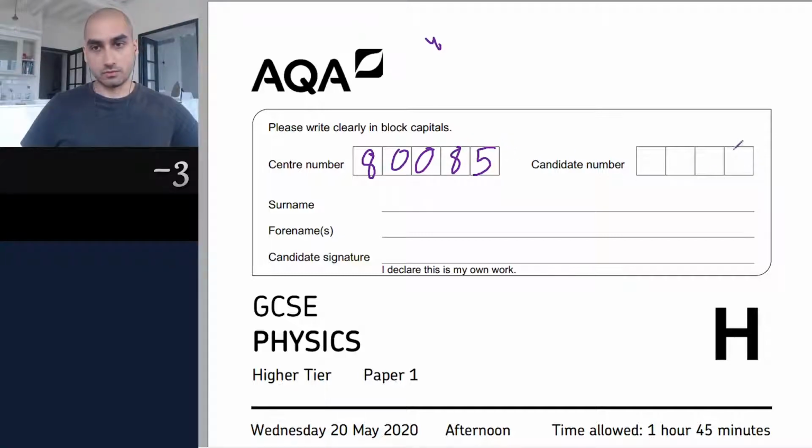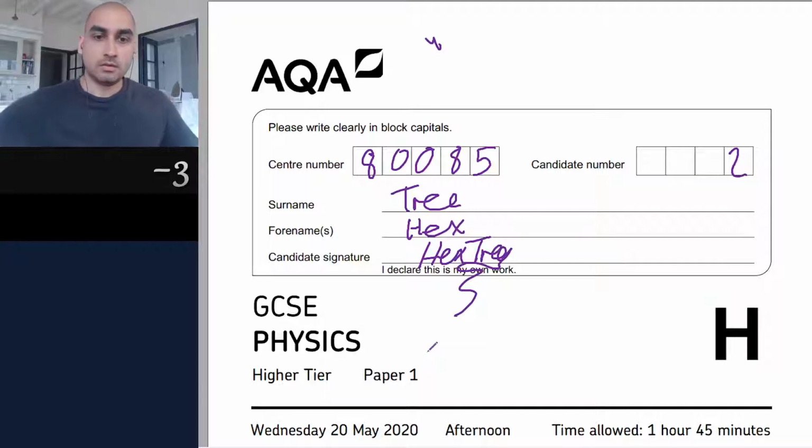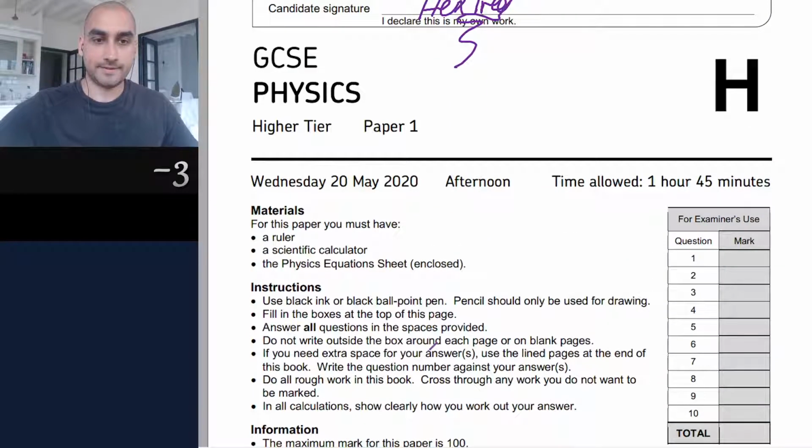Okay, so we've got Mr. Tree. So we need a ruler? I don't have a ruler.